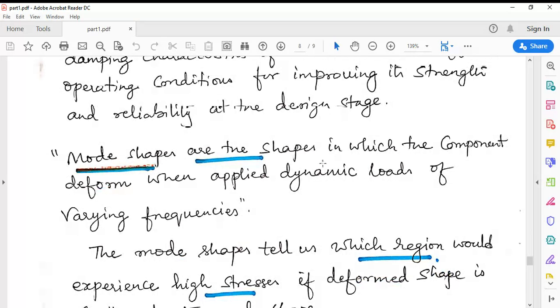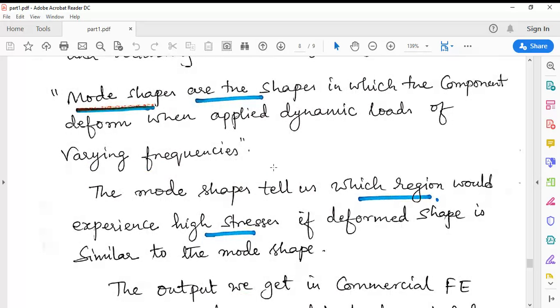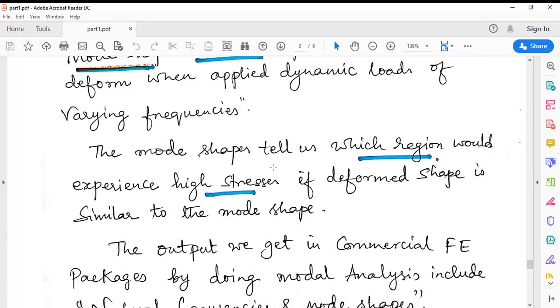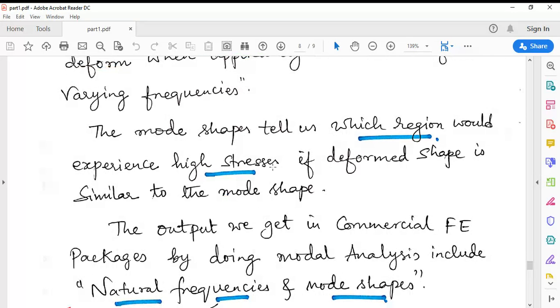This typically indicates the shapes at which the structure vibrates. You'll get different shapes in beams. I'll demonstrate this in a very interesting video I'll be sharing with you, where you can easily see the mode shapes for different kinds of varying frequencies. The mode shapes tell us which region would experience high stresses if deformed.